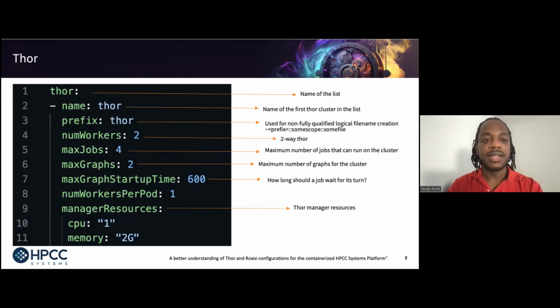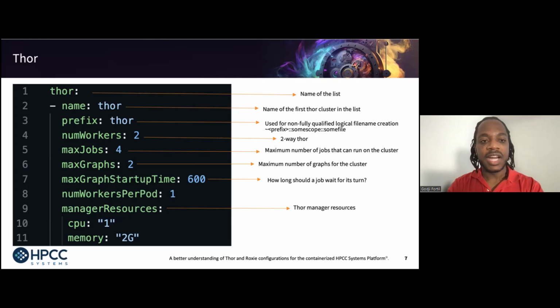And the third line is prefix. The prefix is basically used for non-fully qualified logical file names, for instance, where you do not have a complete file name, then the prefix would be added after the tilde, followed by the scope, and then the file name.